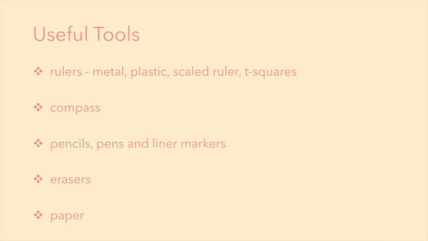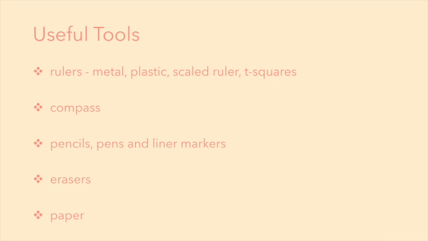That's pretty helpful. And then a T-square is just a long, very large ruler that kind of fits to a straight edge, so like a desk or even a table, and it'll help you draw bigger lines across a page, but make sure that they're precise and straight as well.